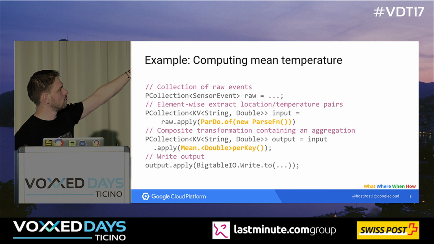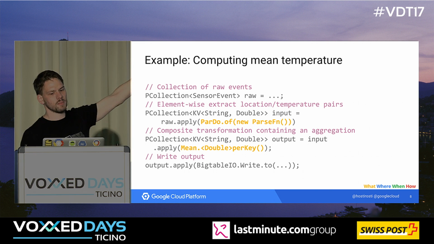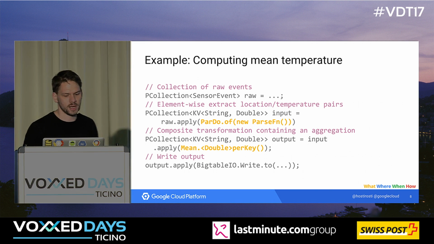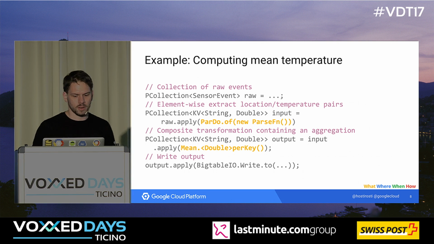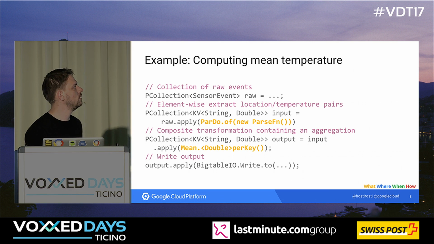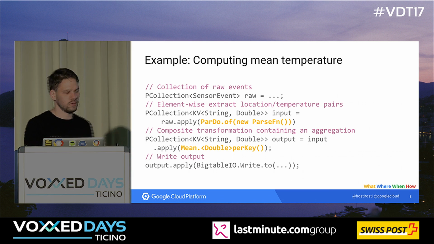You apply the parsing, which is basically my map function, where in parallel I say, okay, I want the parsing of my elements. And then you do a grouping function, which you see down there, the mean double, where I basically group these elements together per key. And then you can write that in multiple different fashions and have your output at the end.